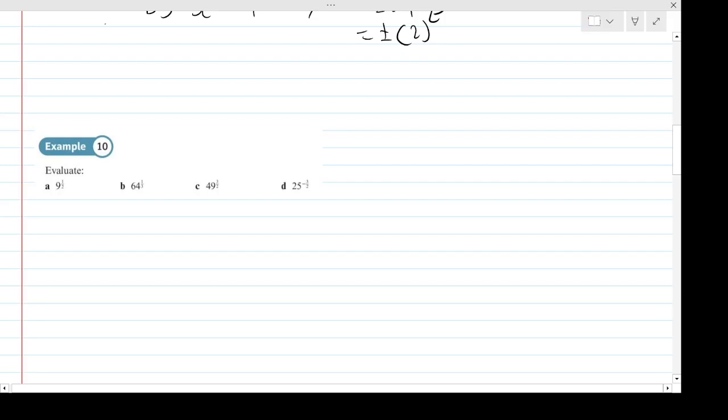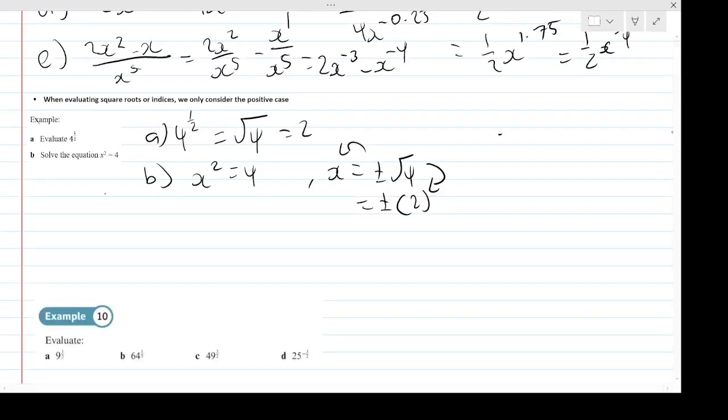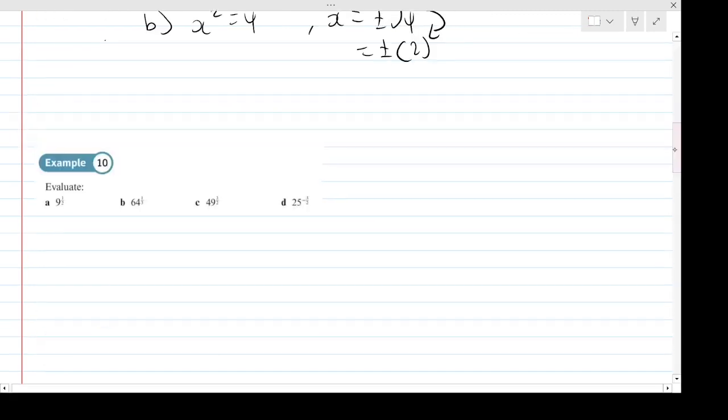So it's a good idea to have in the back of your mind, well, 9 to the half equals so-and-so, 64 to the third equals so-and-so. So even though you would have a calculator to do it for you, it's still good to understand why it is. And it also helps demonstrate what I've done up here. Because we're just evaluating a number, we're not solving anything, we're only going to get a positive answer. So there'll be no plus or minuses here.